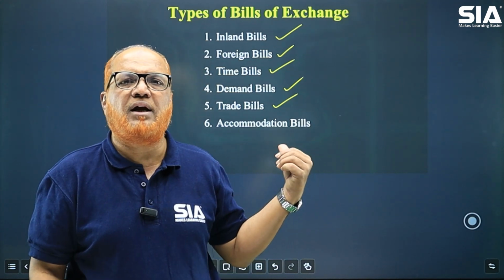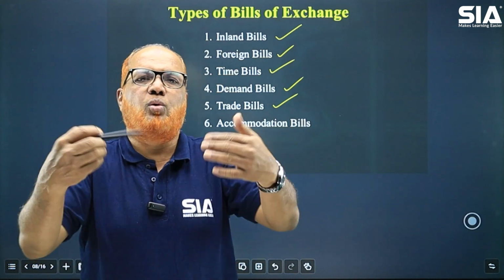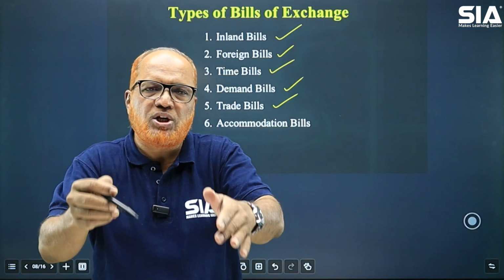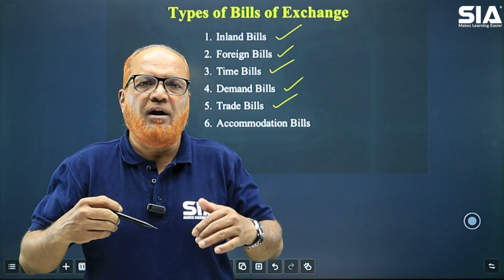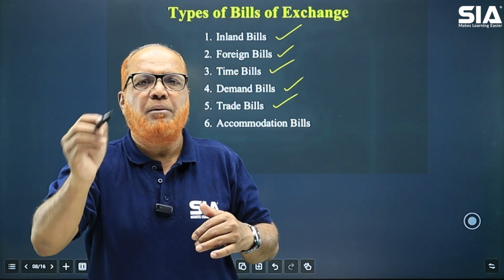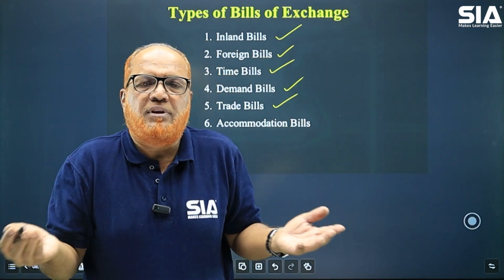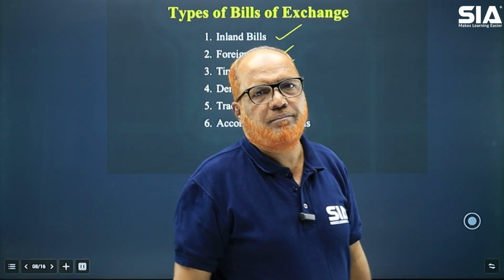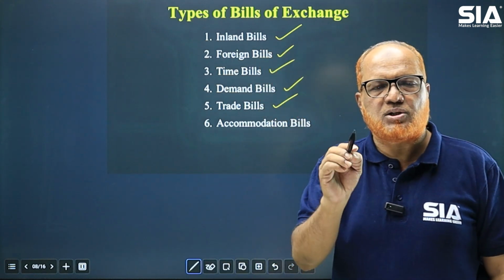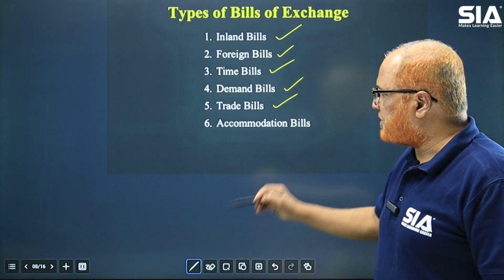It is called a trade bill. Example, A sold goods to B. B has purchased the goods on credit. A draws a bill of exchange on B. B accepted. He has become drawee and returned the bill to A. This is called trade bill because for genuine business transaction, bill is drawn and accepted.